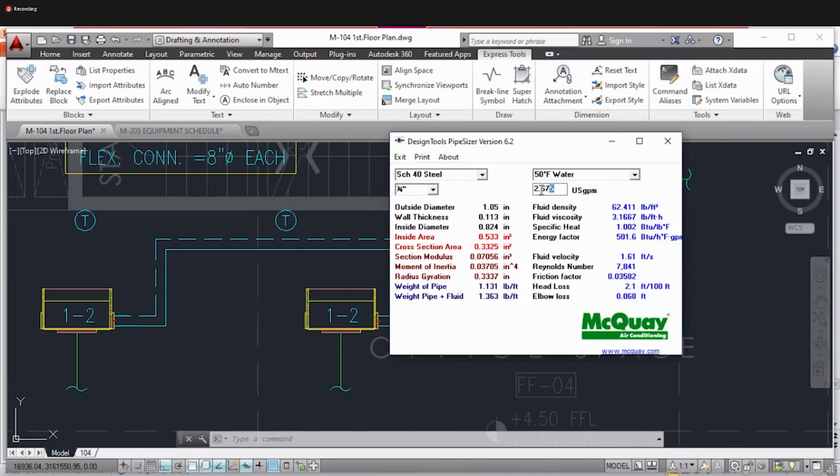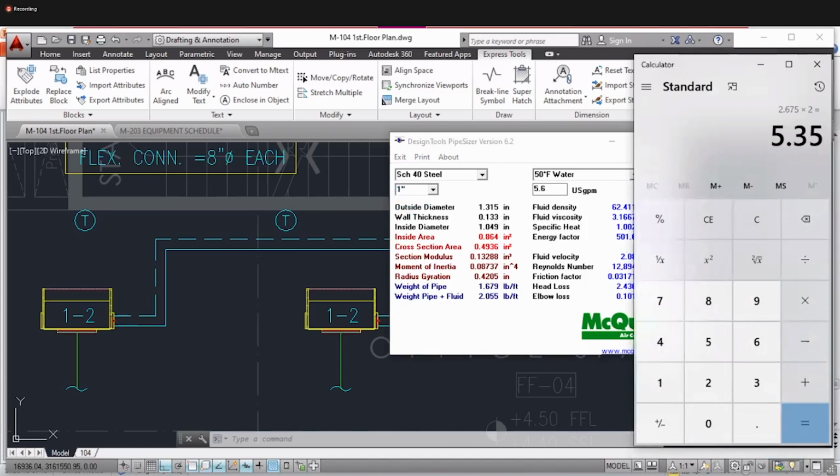What do we get? Fluid velocity is less than 4 feet per second, it's okay. But the head loss is more than 4 feet per 100 feet, and it should be below 4 feet. So we will take the higher pipe size, 1 inch.